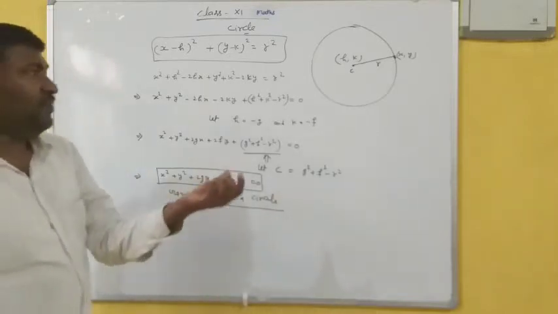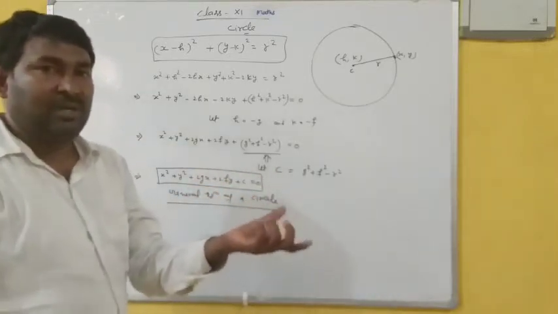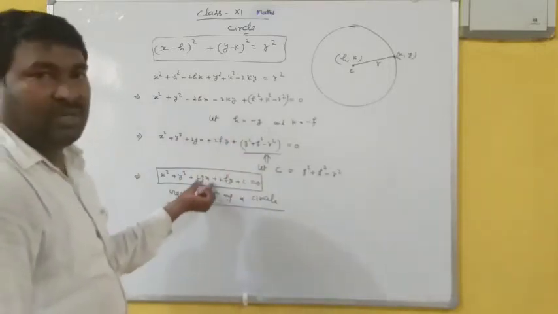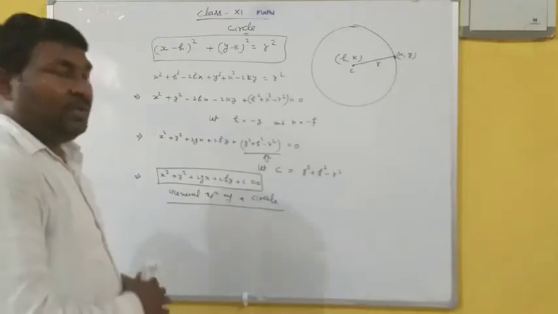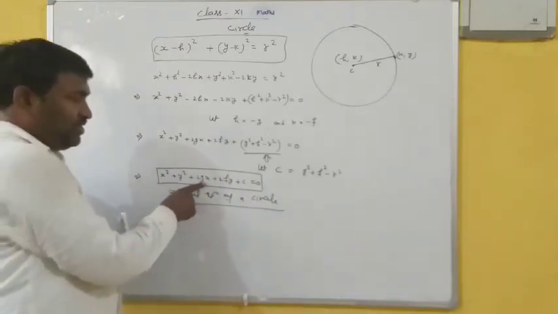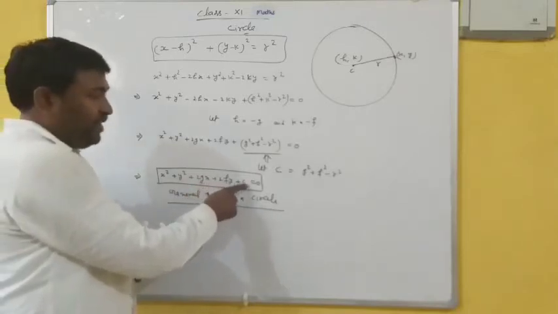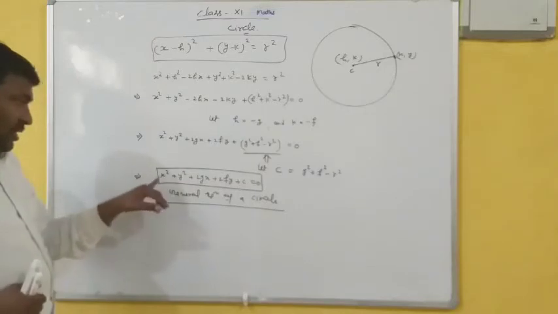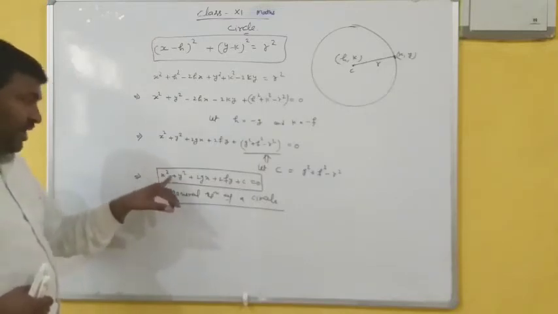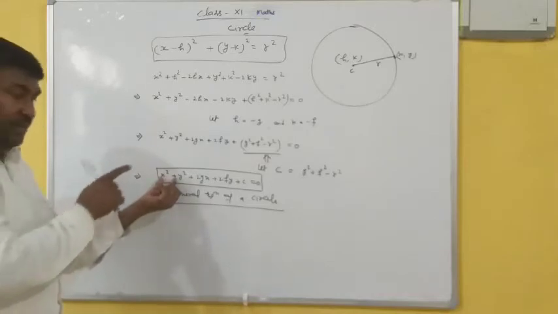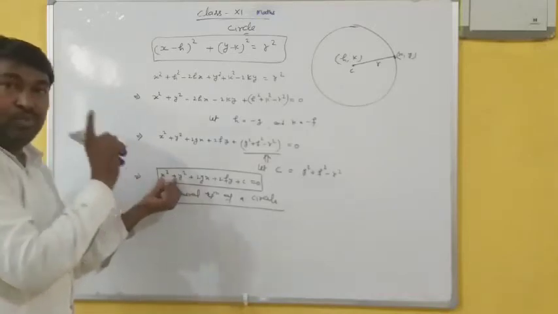Now, if you are given any equation of a circle, you have to compare that equation with this general equation of a circle. Thereafter, comparing, you can find g, f, and c. Remember one thing: the coefficient of x square and the coefficient of y square should be equal, and in the standard equation it is 1.